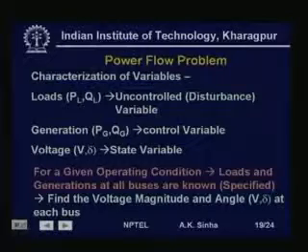In fact, if we know these values of V and delta at all the bus bars in the system, we can find out all the other values, and therefore, we call V and delta, that is voltage magnitude and angle at bus bars, the state variables.